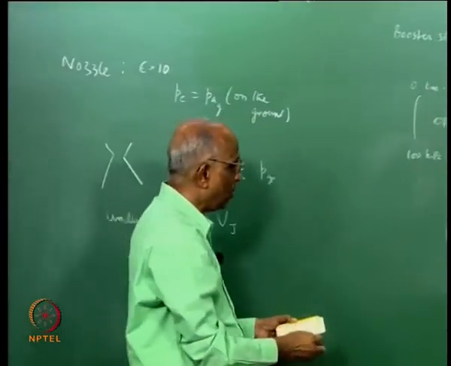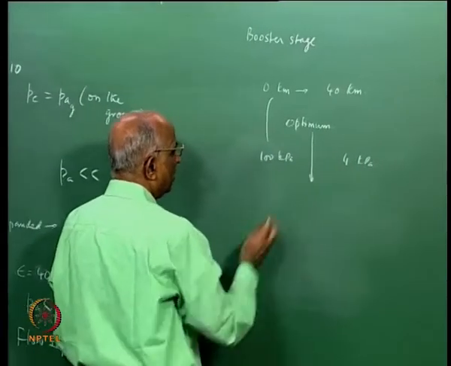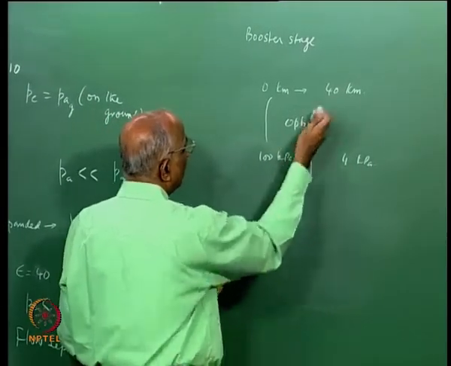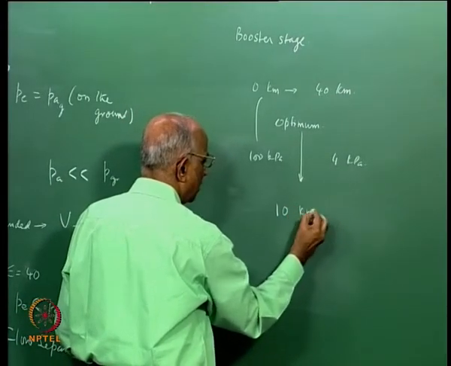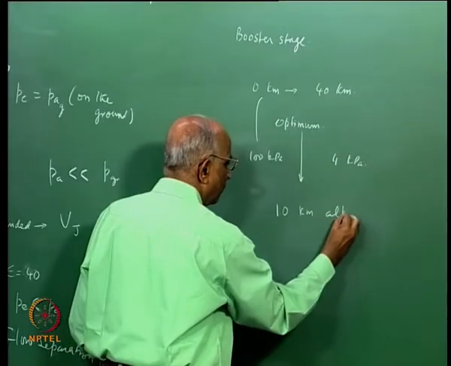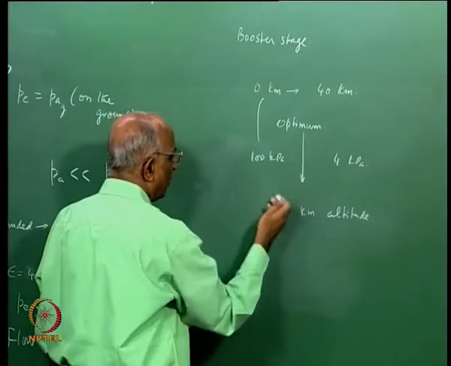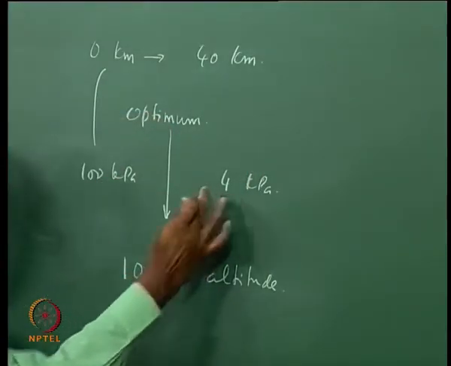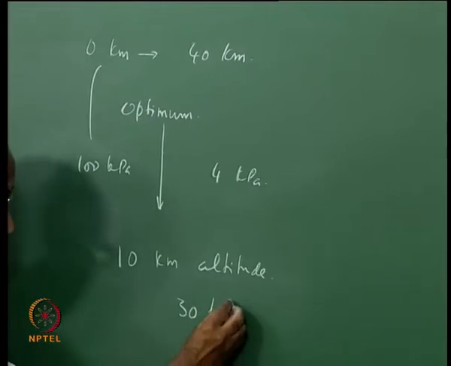Therefore, I make the nozzle such that for an intermediate altitude, between these two, maybe I have to fly to 40 kilometers, I design my nozzle for 10 kilometer altitude, in which case the pressure may be somewhat different from 100 and 4, maybe it is nearer to, let us say, 30 kPa.